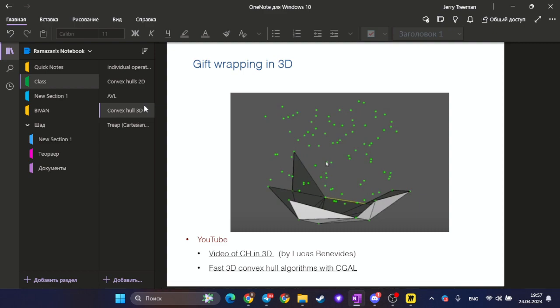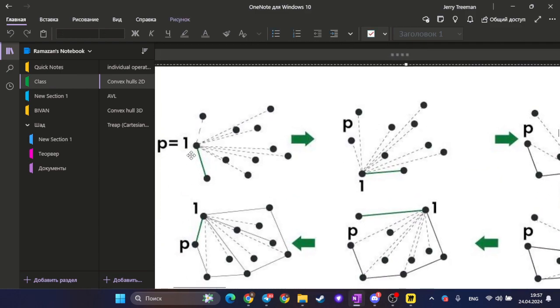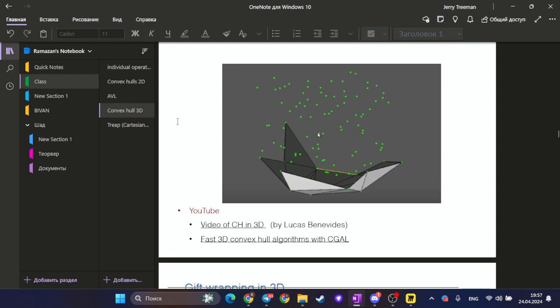Okay, here we need to choose. If in 2D we need to draw some line and compare the angles of this line, here we need to choose a plane in 3 dimensions.